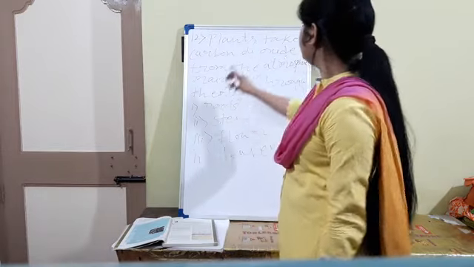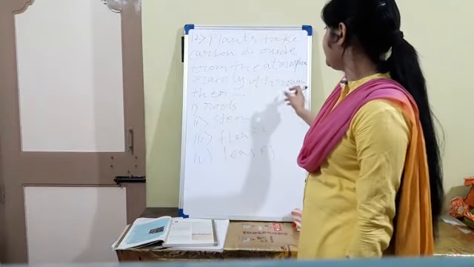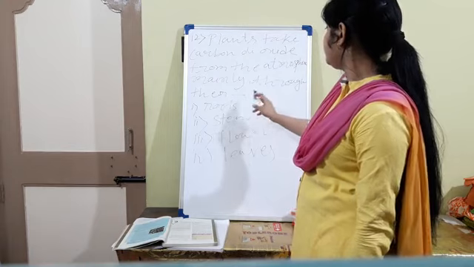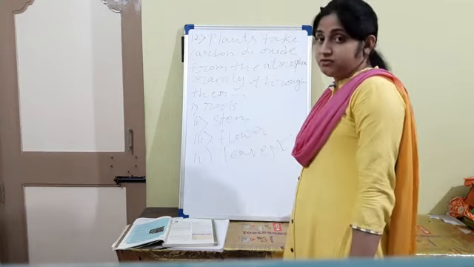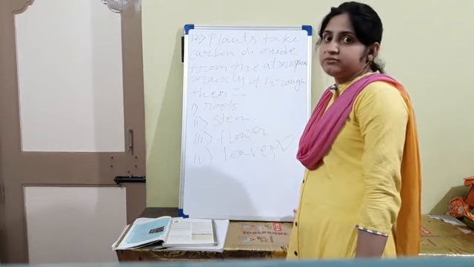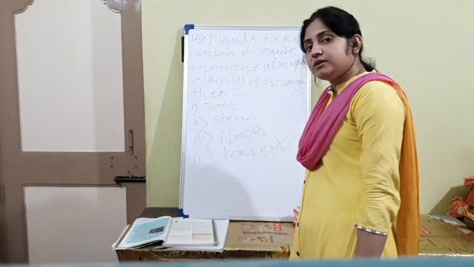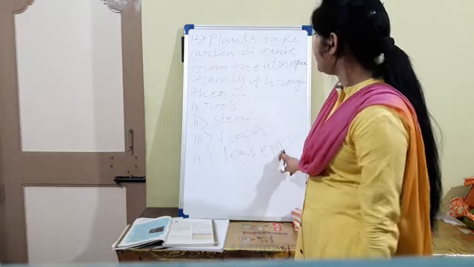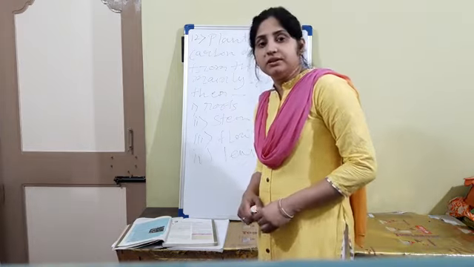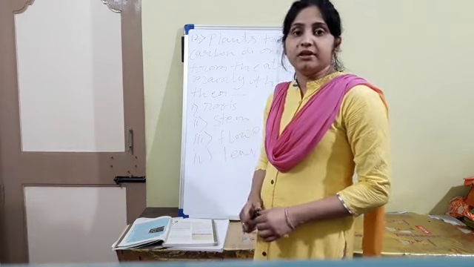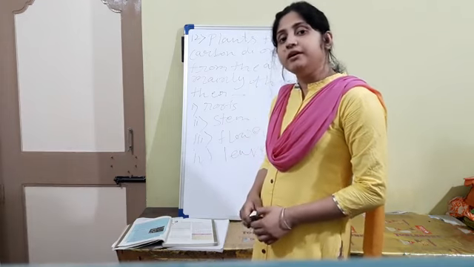So the plants take carbon dioxide from the atmosphere mainly through their leaves, because there is the stomata present on the leaves and gaseous exchange occurs through the stomata of the leaves. So the leaves will be the right answer. So the exercise is also completed. We will discuss the important diagrams in my next video.